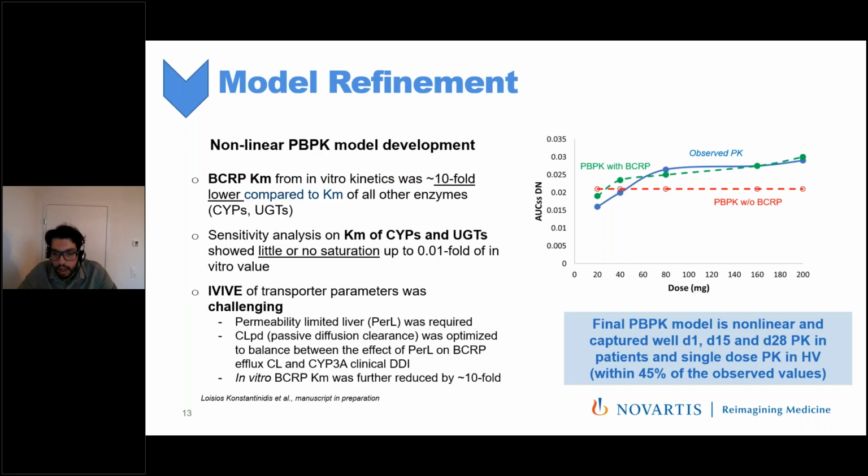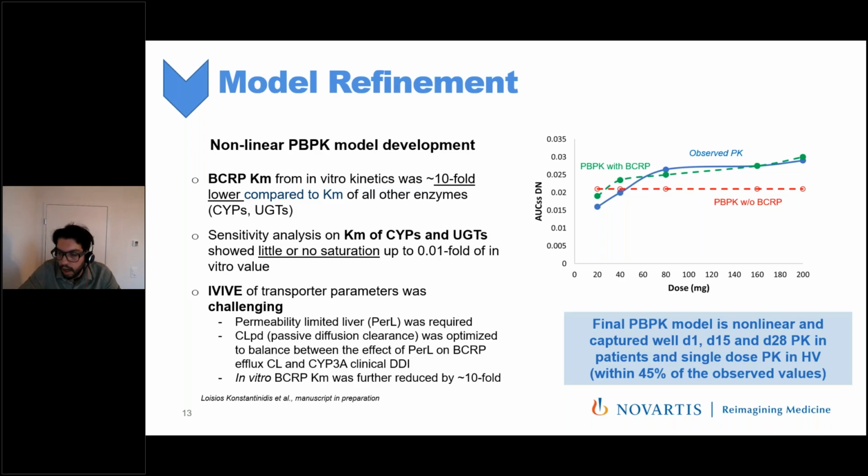And as you can see on the graph on the right of the slide, with the red you can see how the PBPK model was simulating the dose normalized AUC versus the dose when the BCRP was not included.